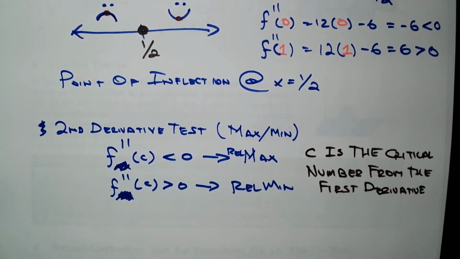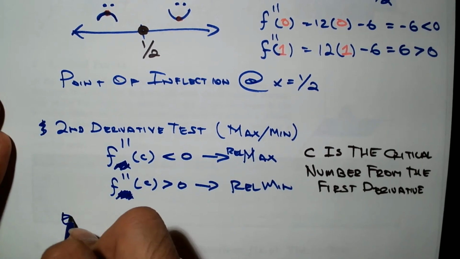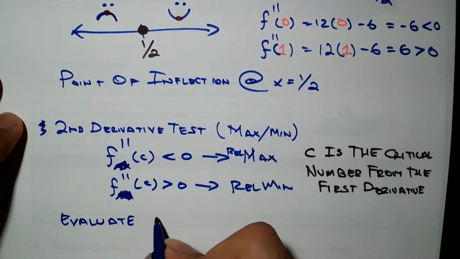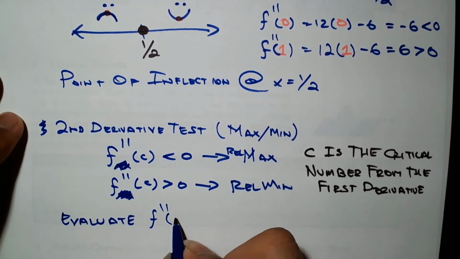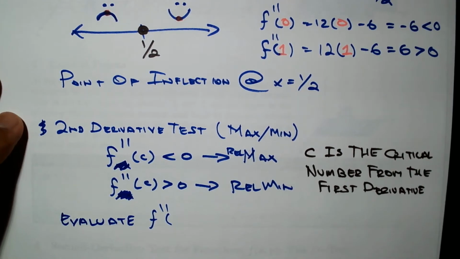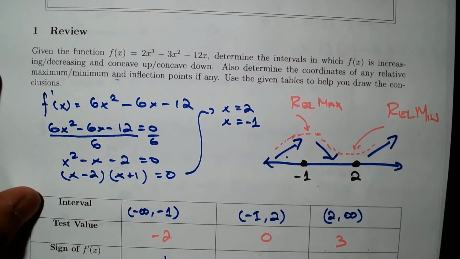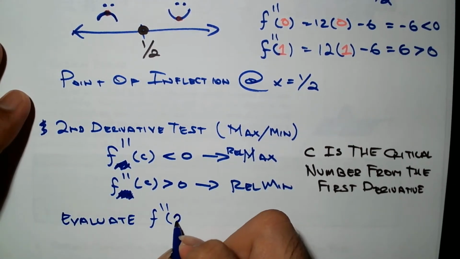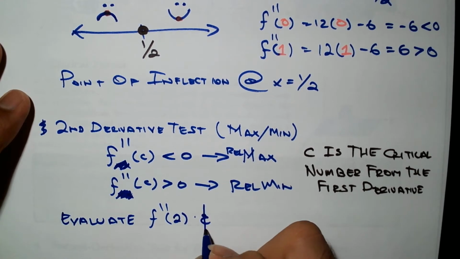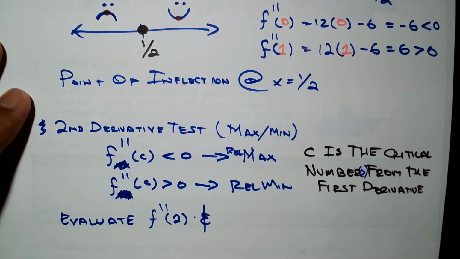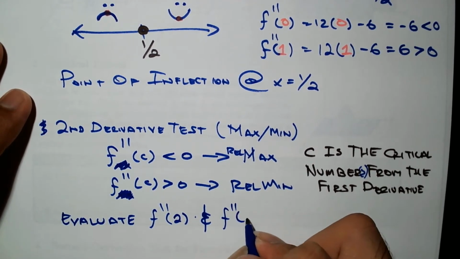Now we're going to evaluate f double prime at the critical numbers from the previous case, where x equals 2 and x equals -1. Those were the critical numbers.